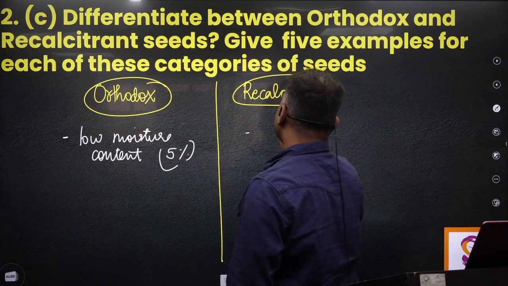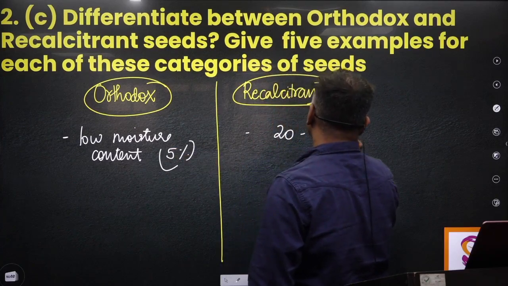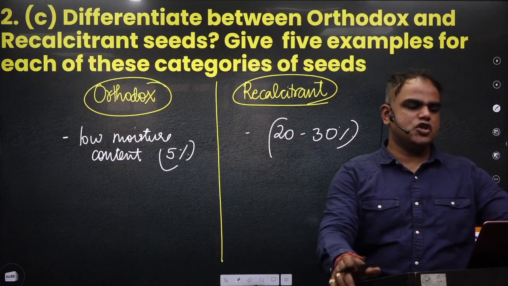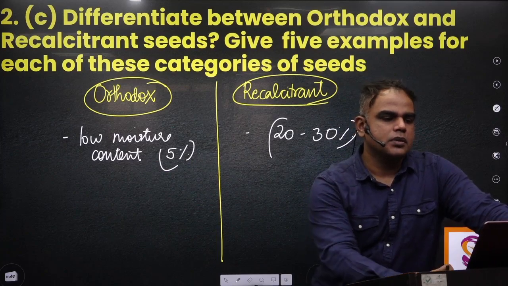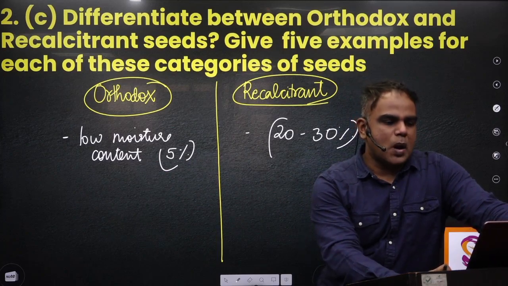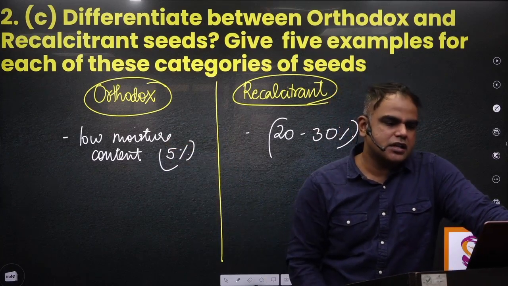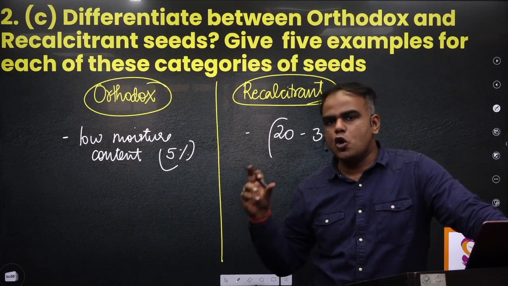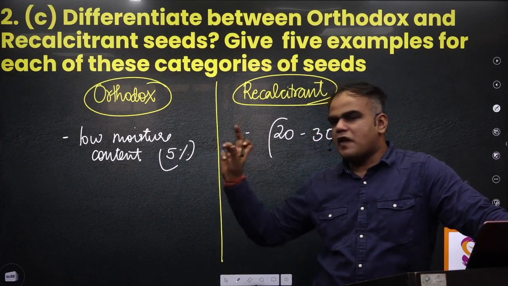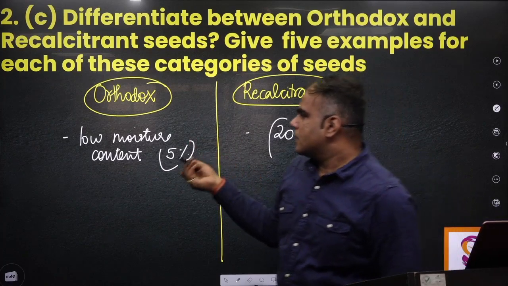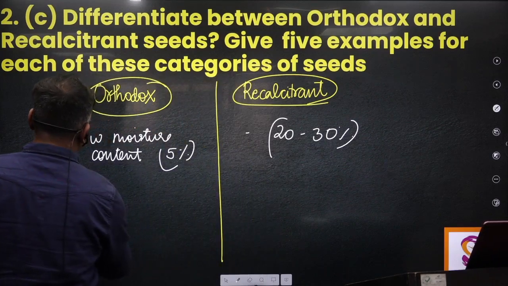The moisture content is roughly around 20 to 30% here. So if we were to define just one line each, I'll tell you. If I say orthodox seeds can tolerate drying to a low moisture content of 5 to 10%, which is why they can be stored for longer.